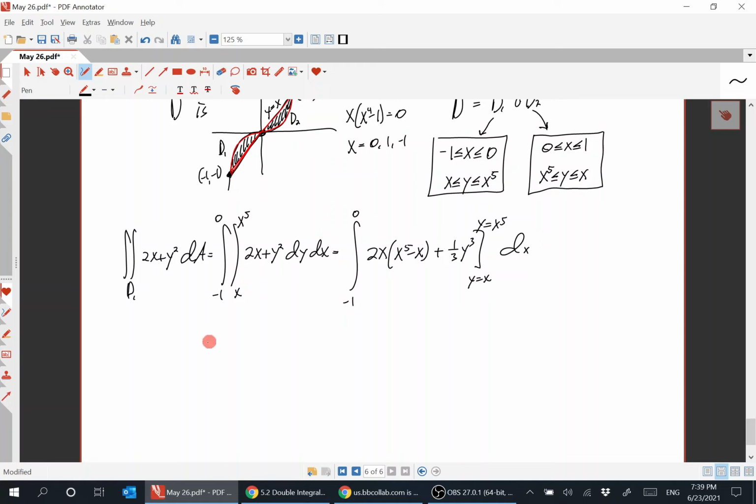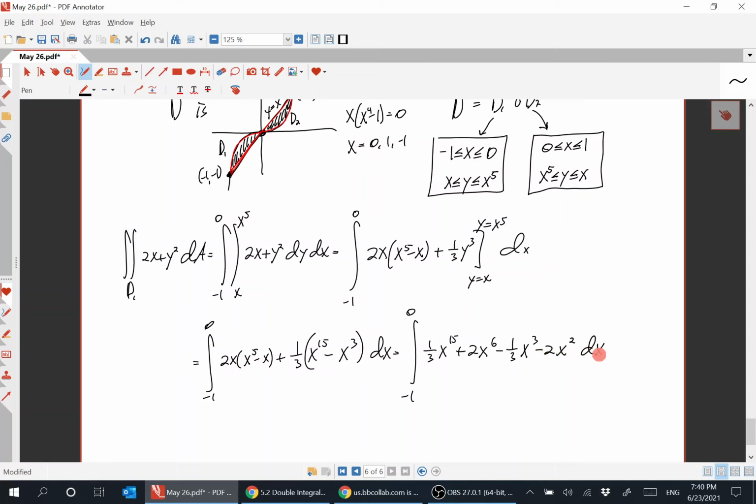So this is equal to the integral from minus 1 to 0 of 2x times (x to the fifth minus x) plus 1/3 (x to the 15th minus x to the third) dx. So I've got 1/3 x to the 15th, and then 2x to the 6th, and then minus 1/3 x to the third, minus 2x squared dx.